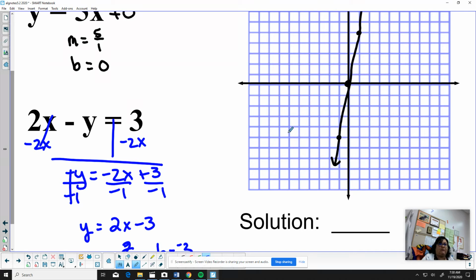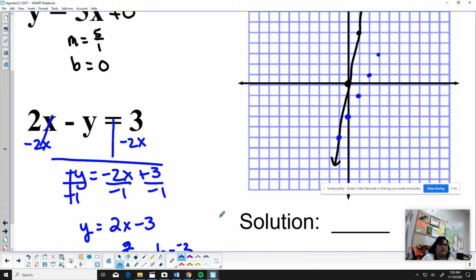So if I graph that, that'd be down 3, and then up 2, right 1, up 2, right 1. Notice I'm getting further away, so I'm going to go the other way, down 2, left 1, and that's where my answer is. My answer is where the two lines intersect, and they intersect right there.